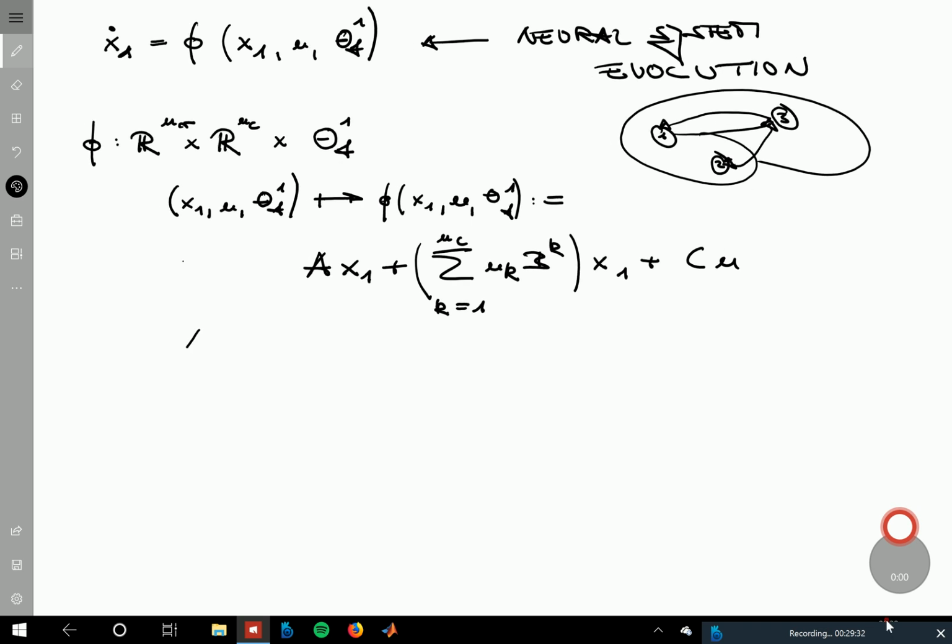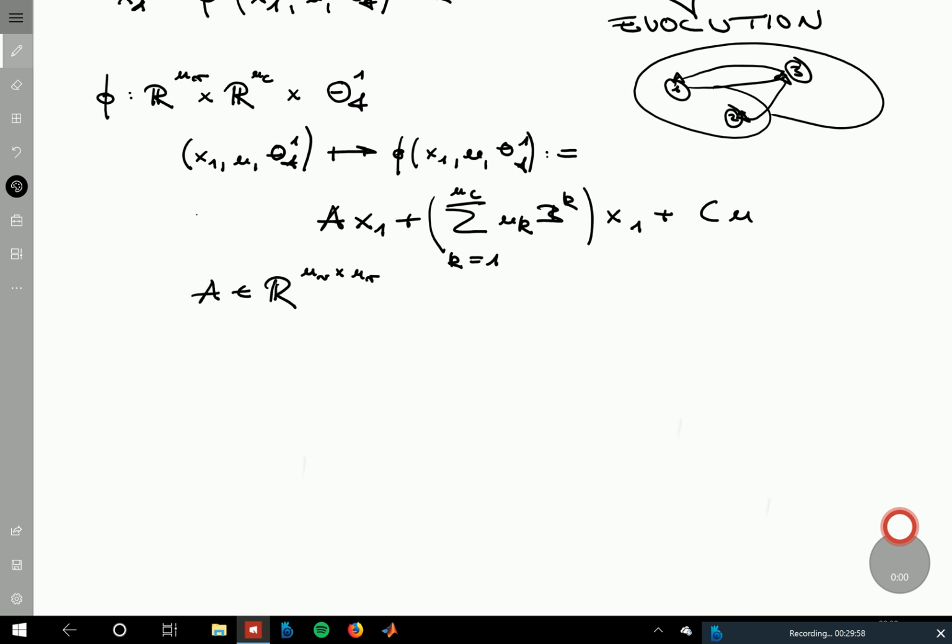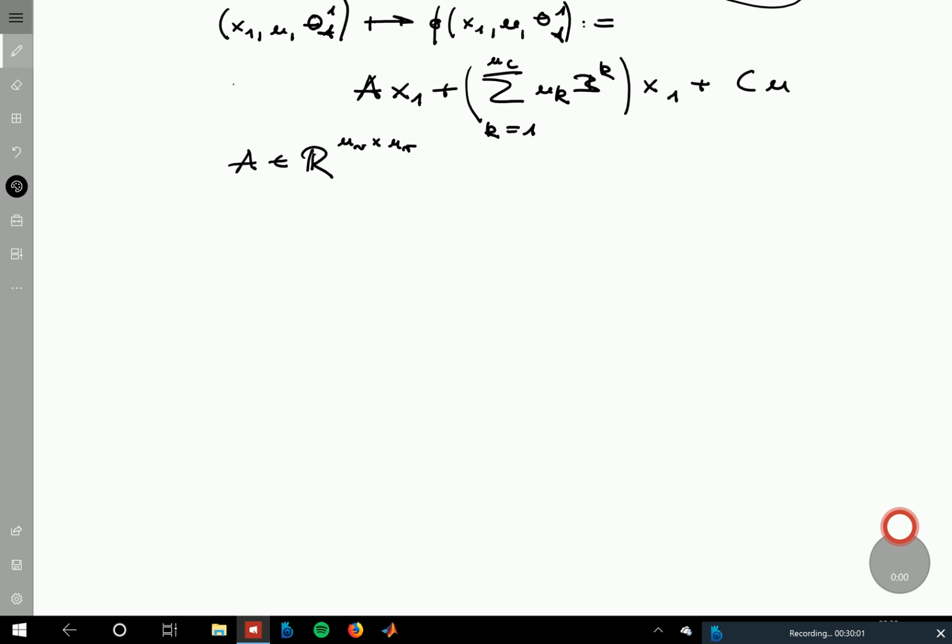What is A? A is a matrix which is square in the number of regions. What it specifies is the influence that each of the state variables has on the rate of change of each of the state variables. So maybe to get started, we look at that in a little bit more detail.